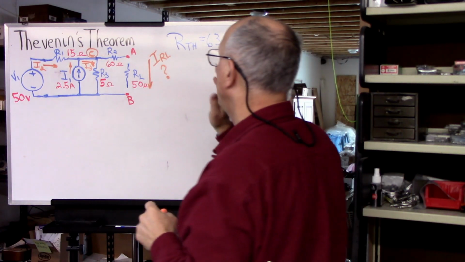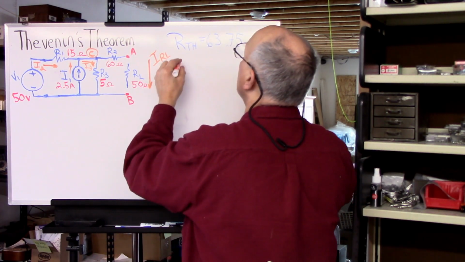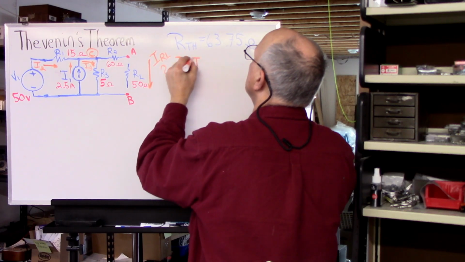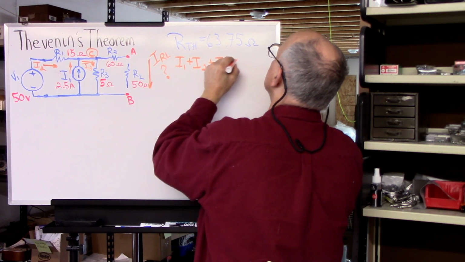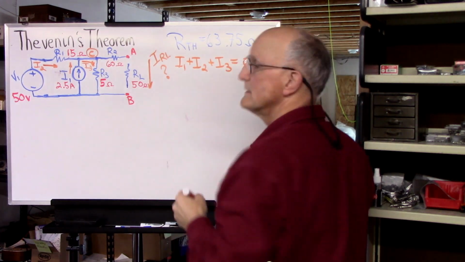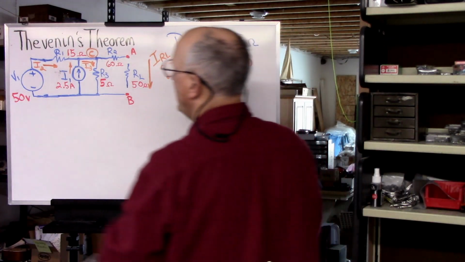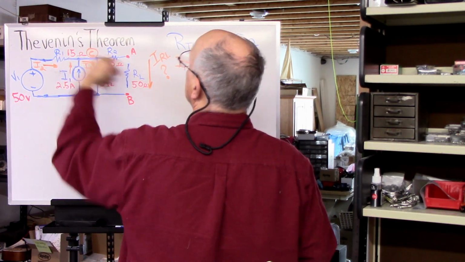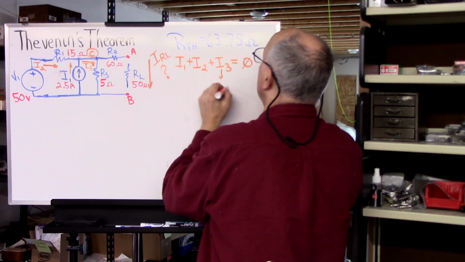Now, according to KCL, Kirchhoff's current law, I1 plus I2 plus I3 is equal to 0. Now, I3 is negative. Why? Because it's exiting the node. So we know that I3 is a negative current.